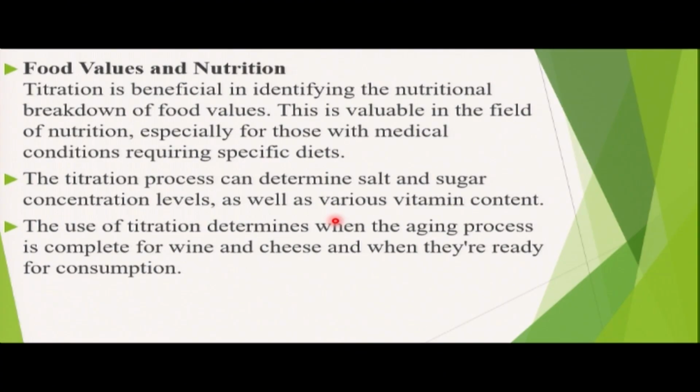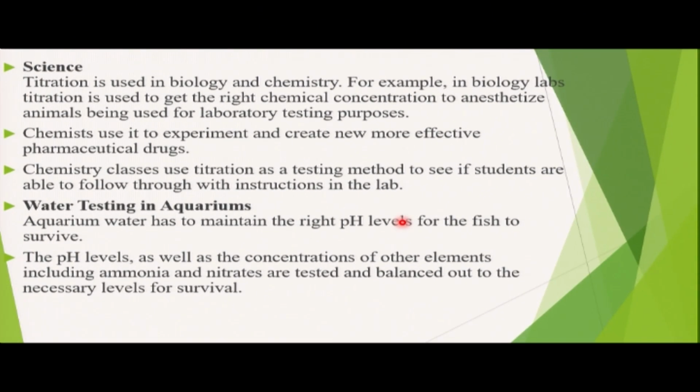Food values and nutrition, those that may require special diets, titration reactions can also be applied. To determine whether the process is complete, for example whether the wine is ready enough for consumption, or the cheese, can also be done by titration reaction.